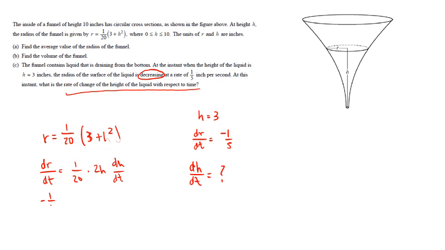So we know that dr dt is negative 1/5. This is equal to 1 over 20 times 2 times h, which we know is 3, dh dt. Okay, do however much cleanup you want to do there. And just some basic algebra is going to give you the final answer that dh dt is equal to negative 2/3. And this would be in inches per second if they asked you to put a unit.